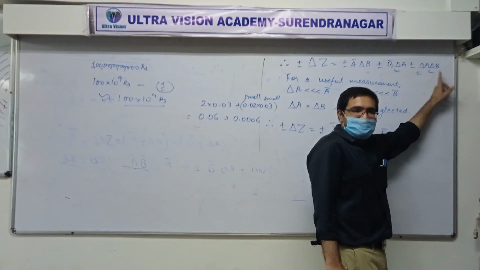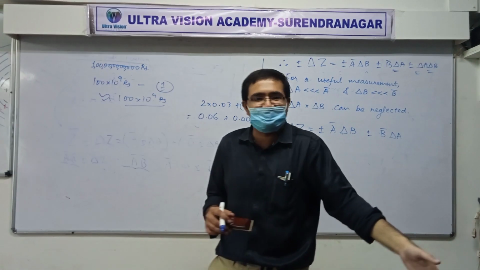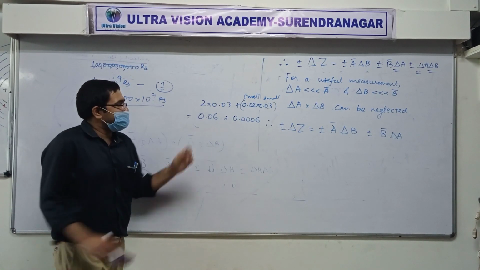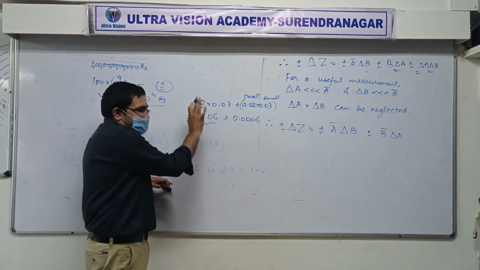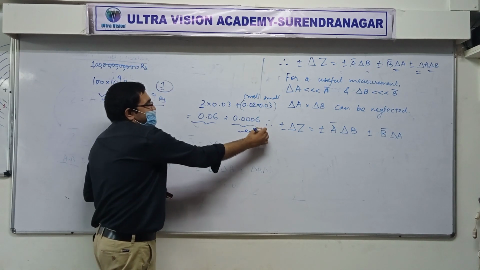Because this is small, that's small. Delta A is small, delta B also small. When you multiply them, it becomes even smaller. But here 2 was not that small, so that's why this multiplication is still okay. But this one is very, very small, so this is what we will neglect.